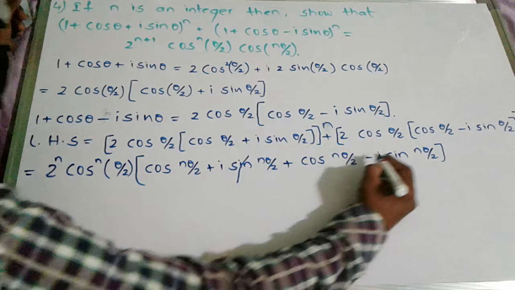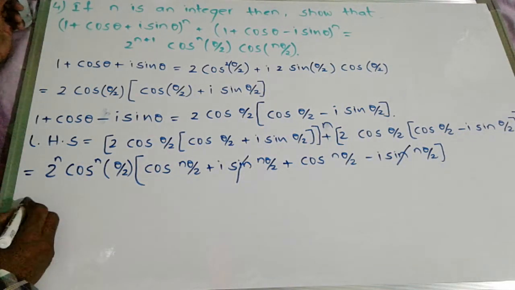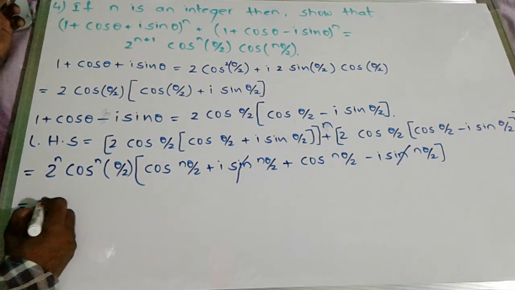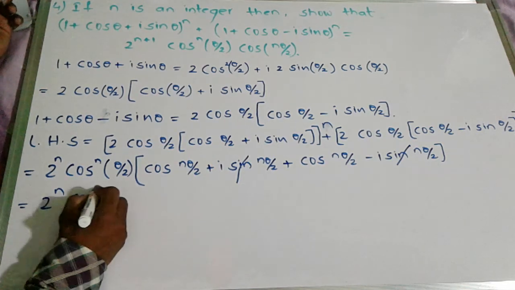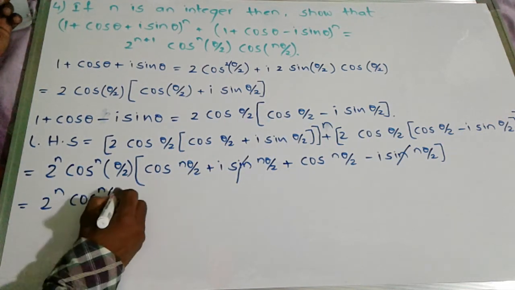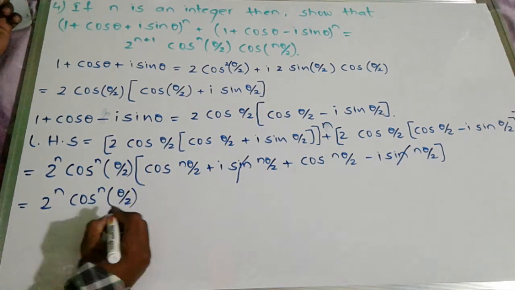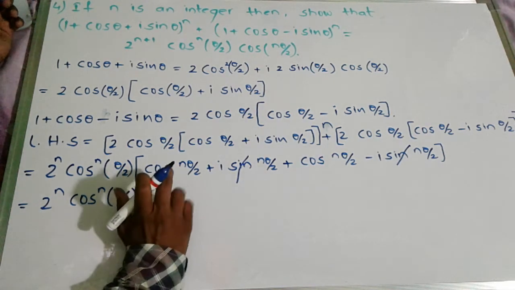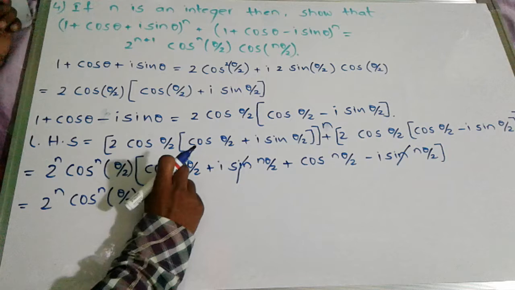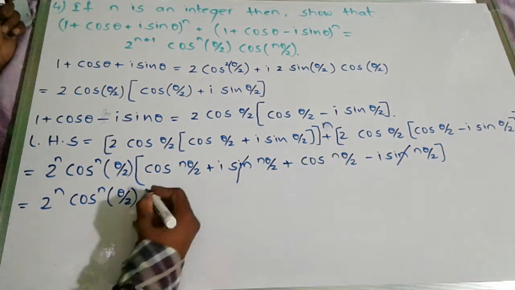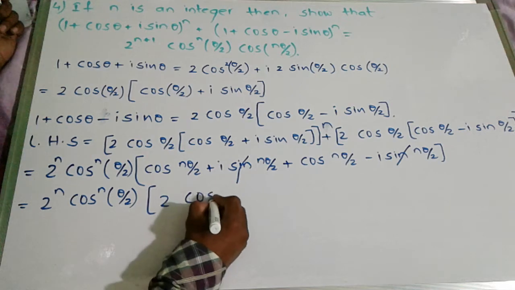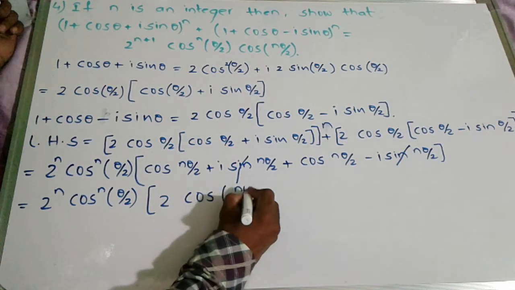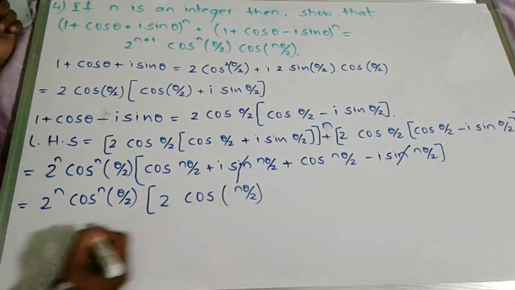So these two get cancelled. Finally we get 2^n cos^n θ/2. Here we have cos nθ/2 and cos nθ/2. So we can write 2 cos of nθ/2.